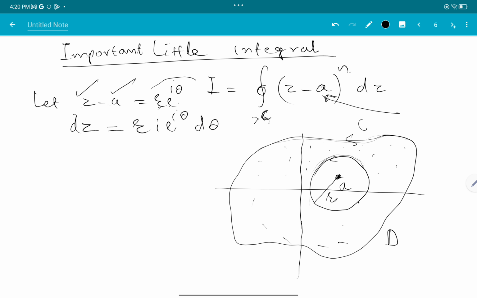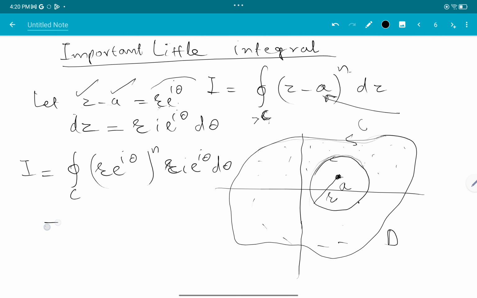Substituting this there, we have I equal to the integral of (z minus a) raised to n, that is (r e raised to i theta) raised to n, into dz, that is r i e raised to i theta d theta.